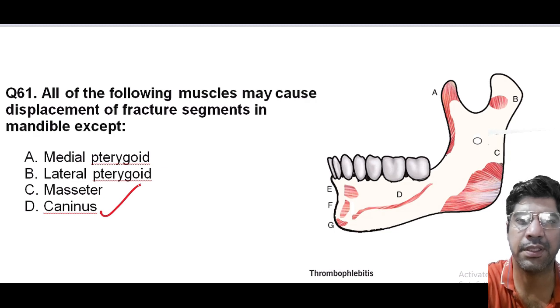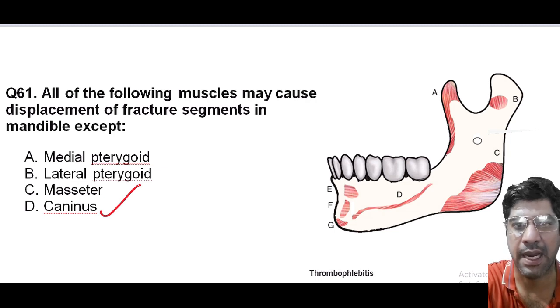An easy question. The muscles that cause the displacement of fracture segment in the mandible are the medial pterygoid, lateral pterygoid, and the masseter. And caninus is not involved.